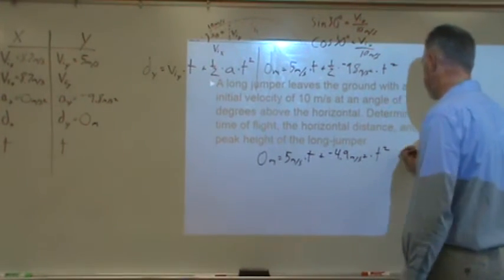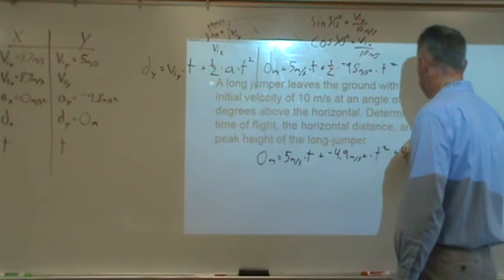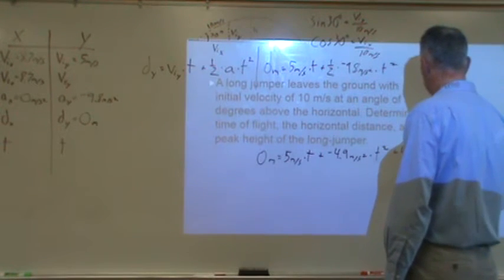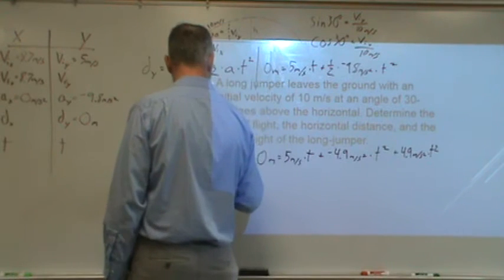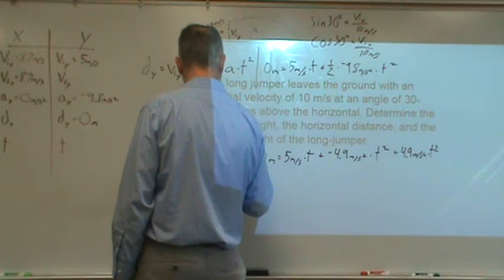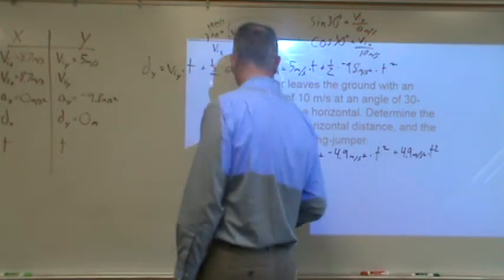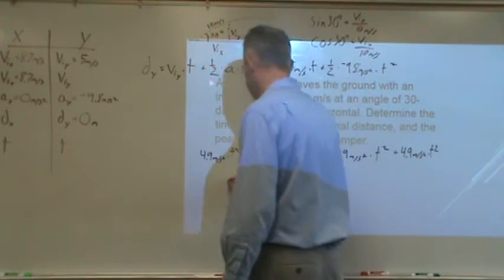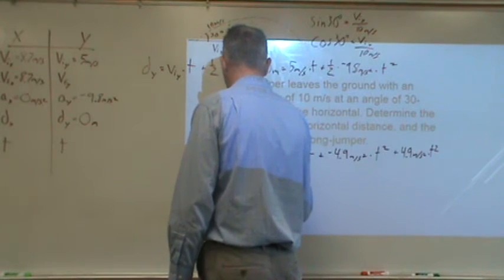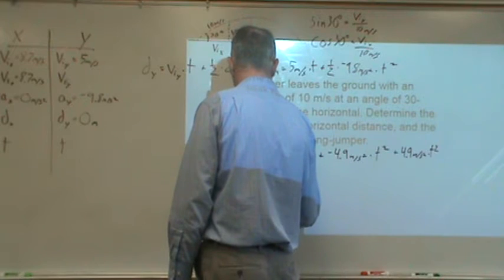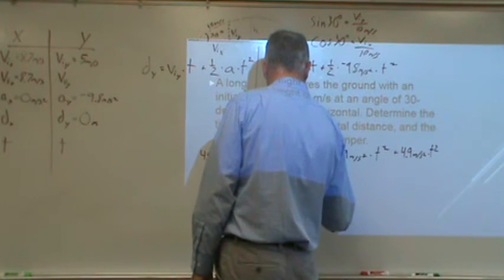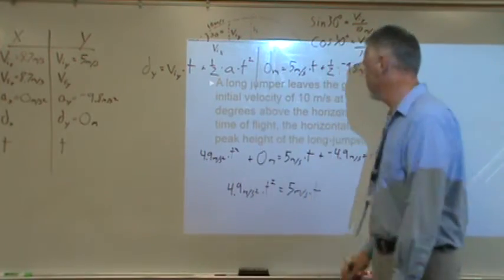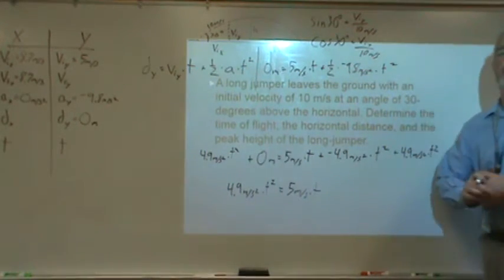It's a negative, so I can do plus 4.9 meters per second squared times t squared. Same over here. So I'll end up with 4.9 meters per second squared times t squared equals 5 meters per second multiplied by t. What now?